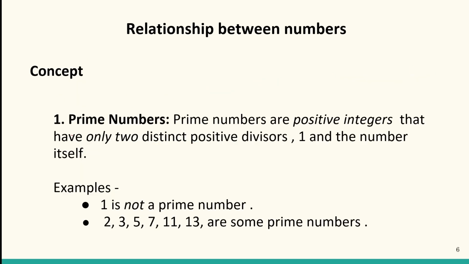The first concept is prime numbers. What are they? Prime numbers are positive integers that have only two distinct positive divisors, that is 1 and the number itself. So if x is a prime number, its property is that only 1 divides x, that is, 1 divides x and x divides x.